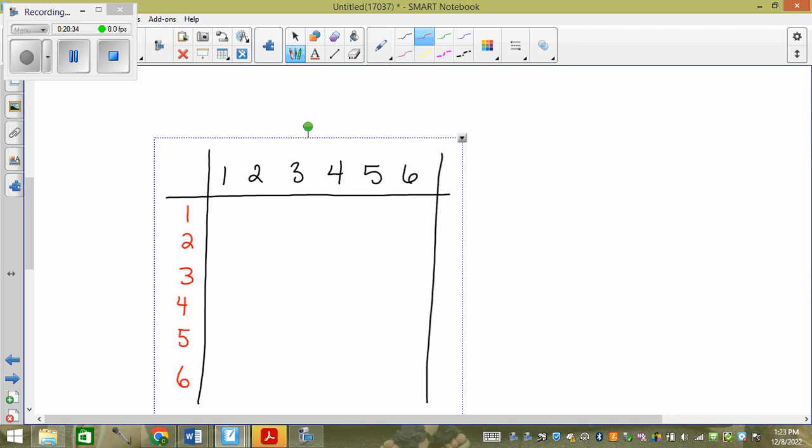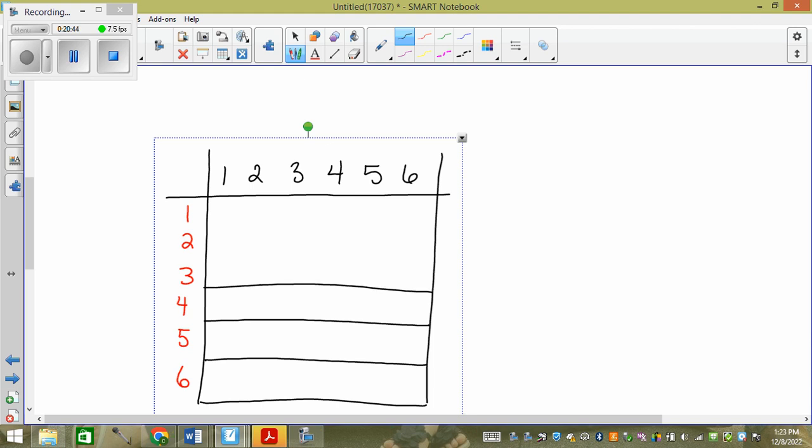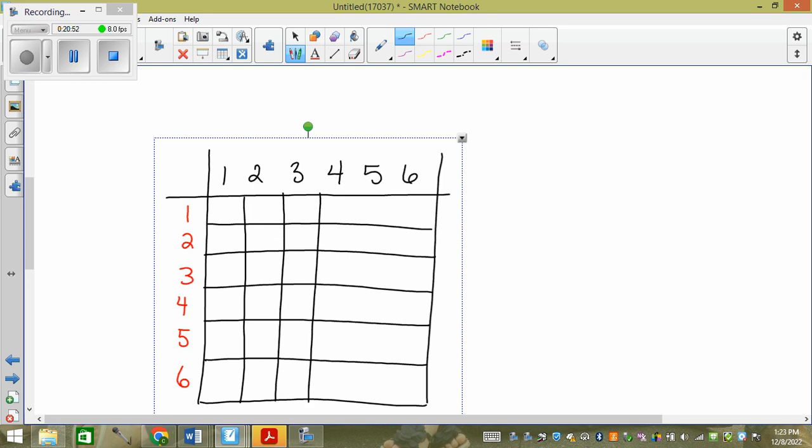Our array will represent all the different sums because they want sums greater than 8, correct? If I draw an array, I'll get all the different outcomes. I should do this. I don't know why I wasn't extending it.